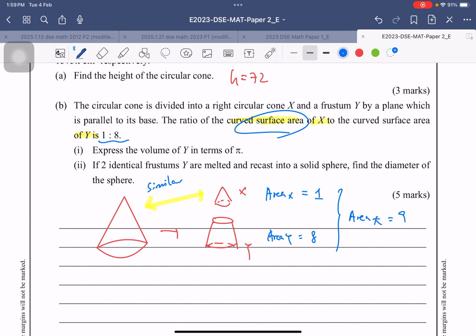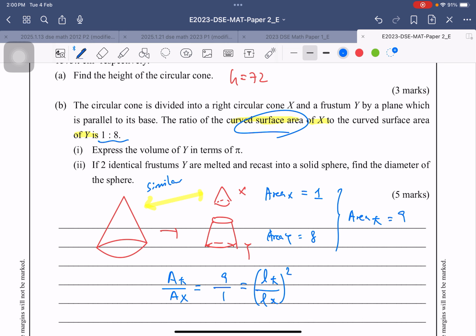So now we have A big divided by A X is equal to 9 over 1, which should be equal to the length of the big one divided by the length of the X, squared. Length means any length: the radius, the height, the slant height, all of them should be in the ratio. And take the square root. So we have the length of the big one is equal to 3 times the smaller one. That's the relationship.